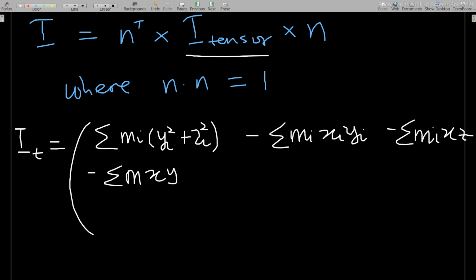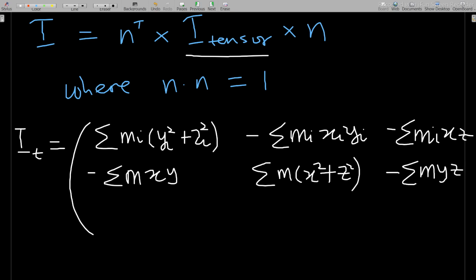When you come to the second entry here, it becomes summation, this one is positive, m times x squared plus z squared. But I said I want to be able to write everything here, which is why I didn't bring the i's. Then the next one will be minus summation m y z.